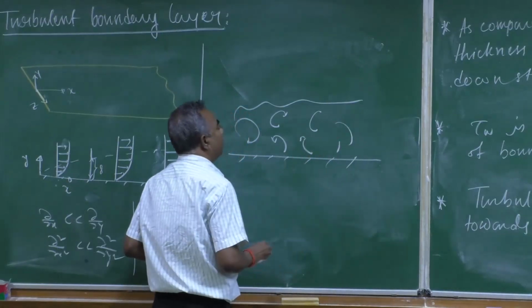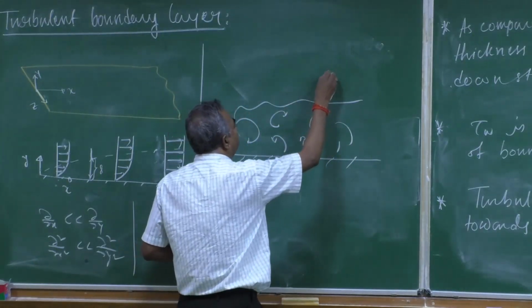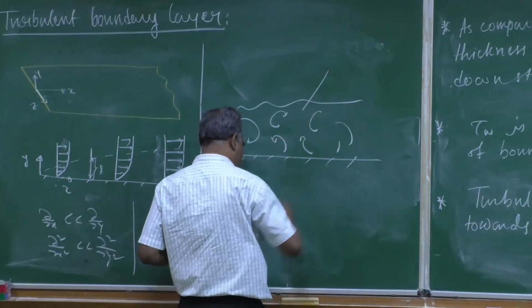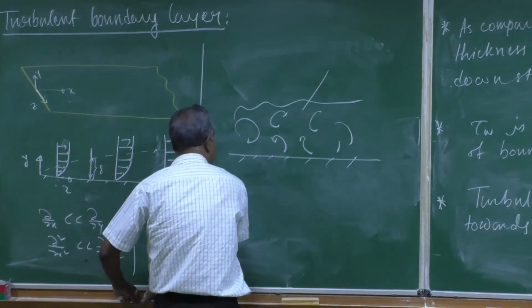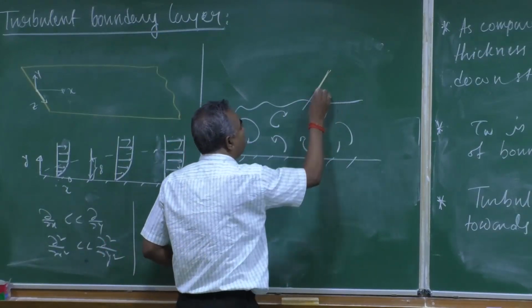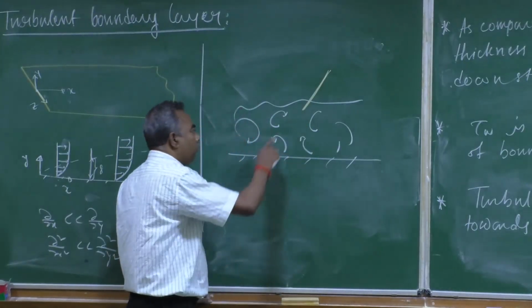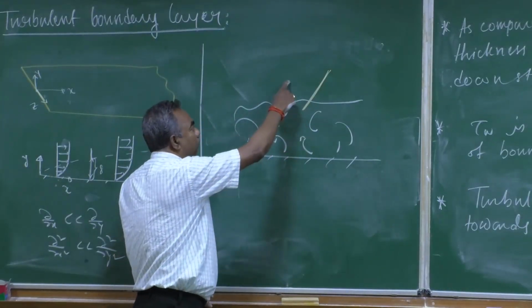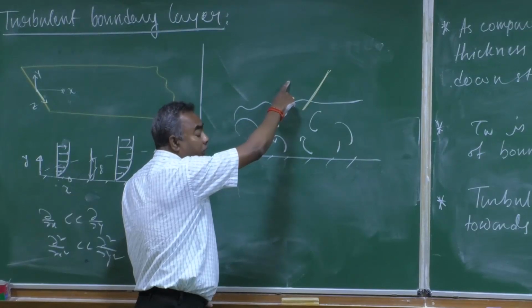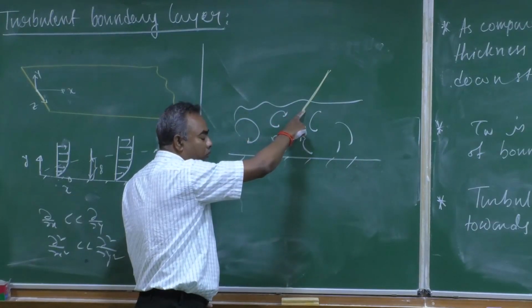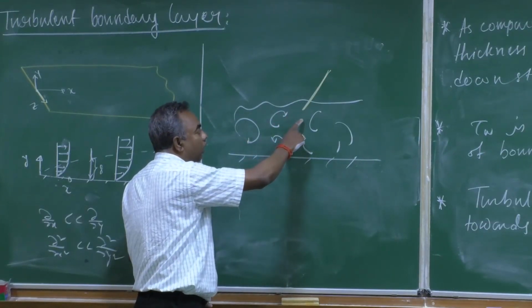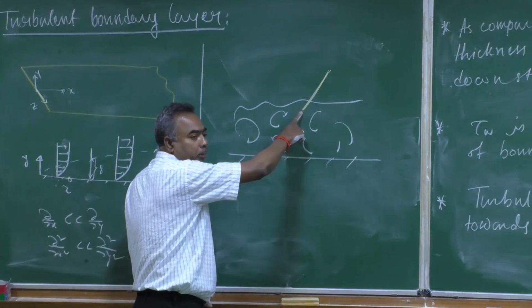So this is our turbulent boundary layer. If you put a probe somewhere here, sometimes the probe will encounter the outside irrotational flow, and sometimes it will encounter the rotational flow within the boundary layer.